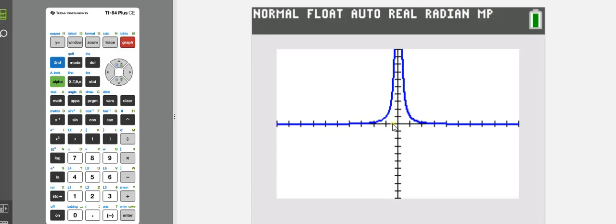As you approach 0 from the left, what happens? It goes to infinity. What about when you approach 0 from the right? It goes to positive infinity as well.